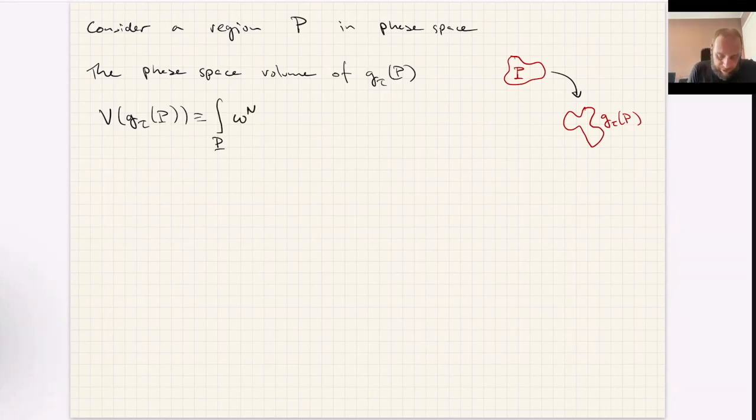Right? Sorry, not over P, but over the region. So G tau of P. Okay? But just using the basics here, whatever omega is and whatever G is, this has to be equal to the integral over P of G star tau of omega n.